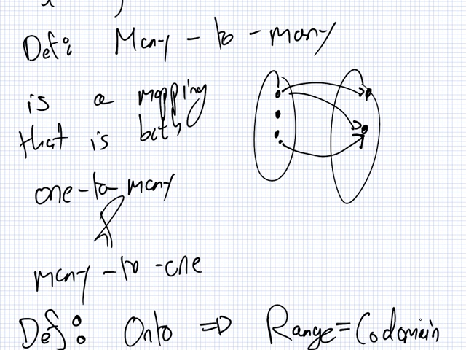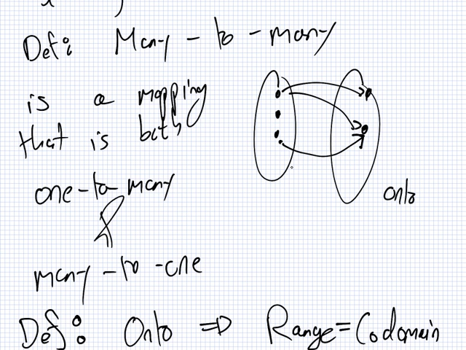That, in other words, nothing is left missing in the codomain. So this one, although it's many to many, it's unto, because there's no element here that is not mapped from a domain value. So that's unto.